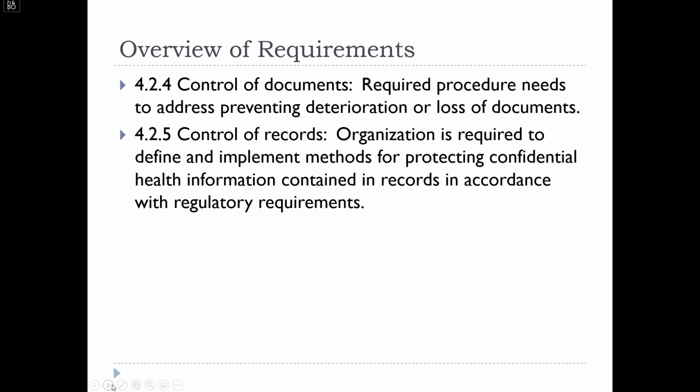So as a manufacturer, if you get access to health or monitoring data, glucose levels in blood, for example, as part of your process or servicing, you need to have a process in place for protecting that confidential health information, that PHI.